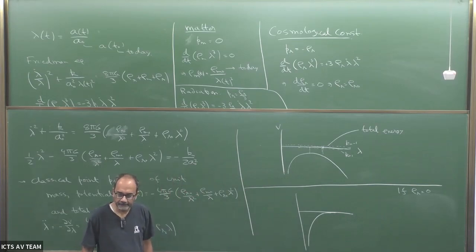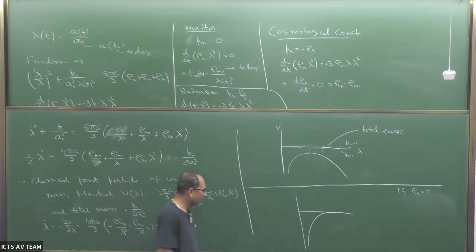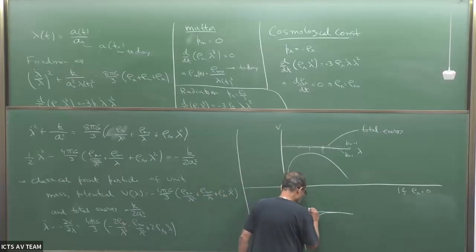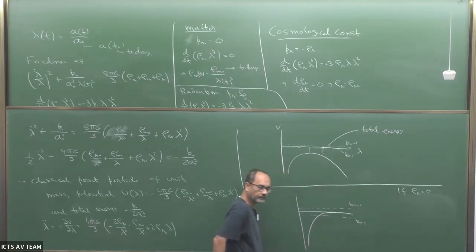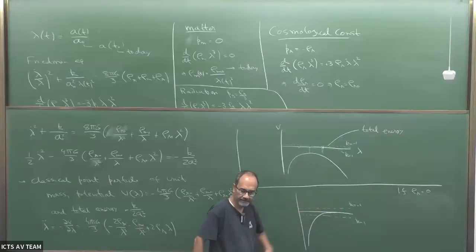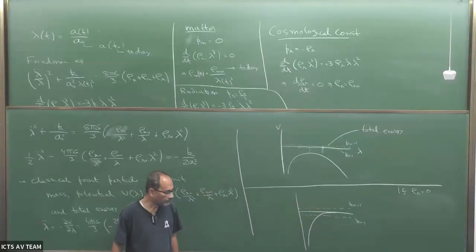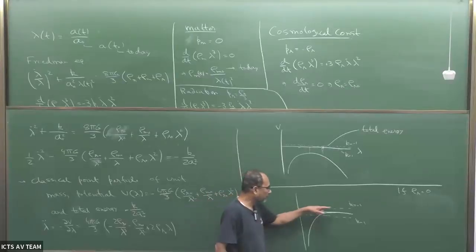Now let's look at these two cases. This is K equal to minus 1, this is K equal to 1, and K equal to 0 will be along this. So how will the universe evolve for K equal to 1?